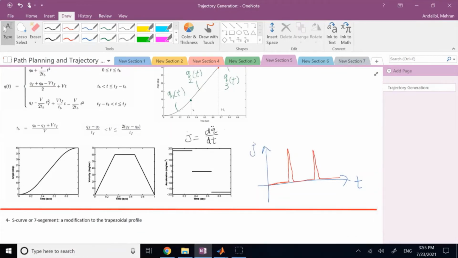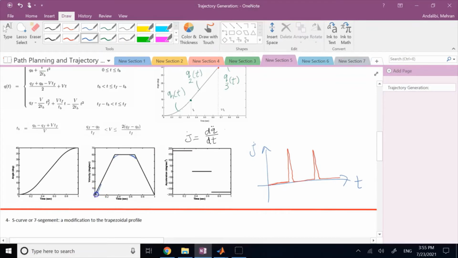That's why there is another version of this trapezoidal velocity motion that is a little bit modified, and what you do, you try to get rid of these sharp corners in the velocity and as well here.